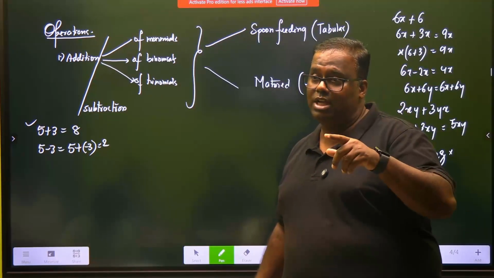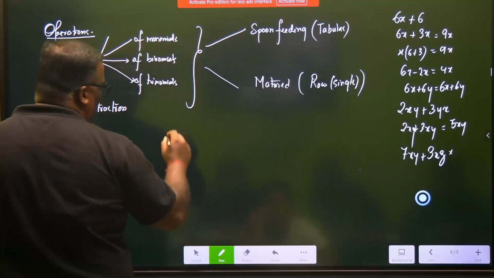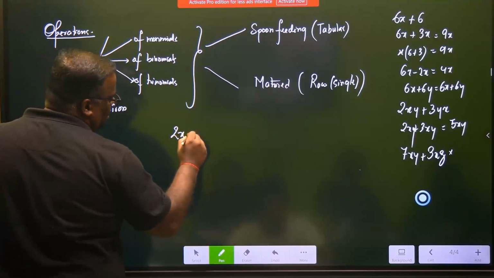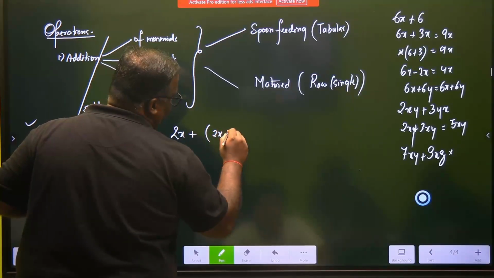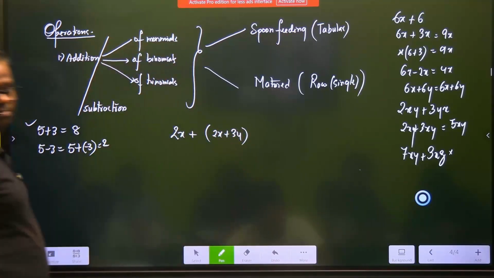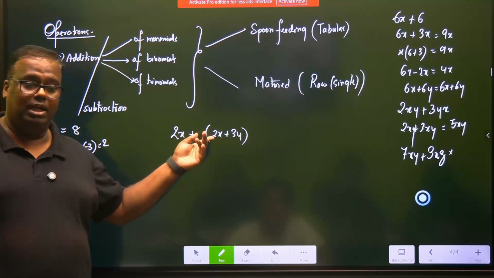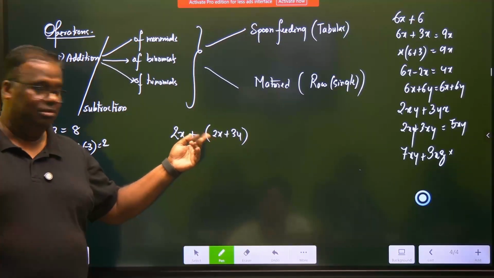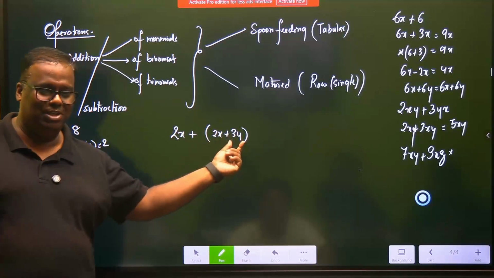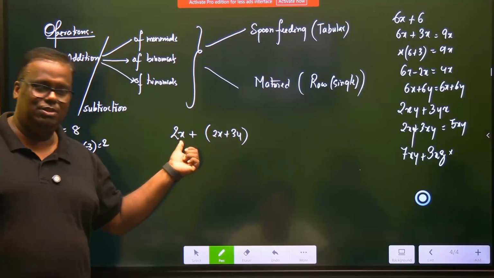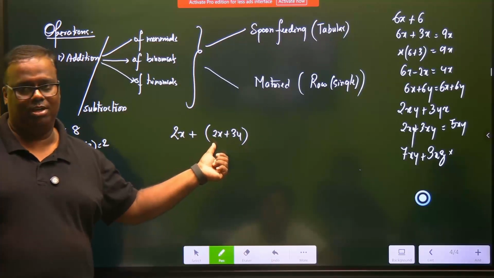After that, you should check whether the variables are same or not. What I'm trying to say, suppose I have a mono 2x, इसको मैं प्लस करवा रहा हूं, suppose 2x plus 3y के साथ, नहीं होगा. A binomial is also comprising of two monomials ना, this monomial is of his बिरादरी, इसके साथ ऐड कर लेगा, ये 4x plus 3y.